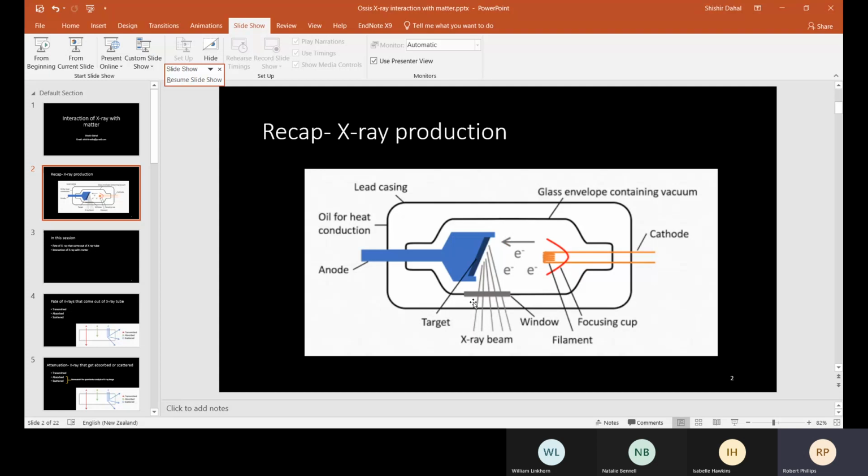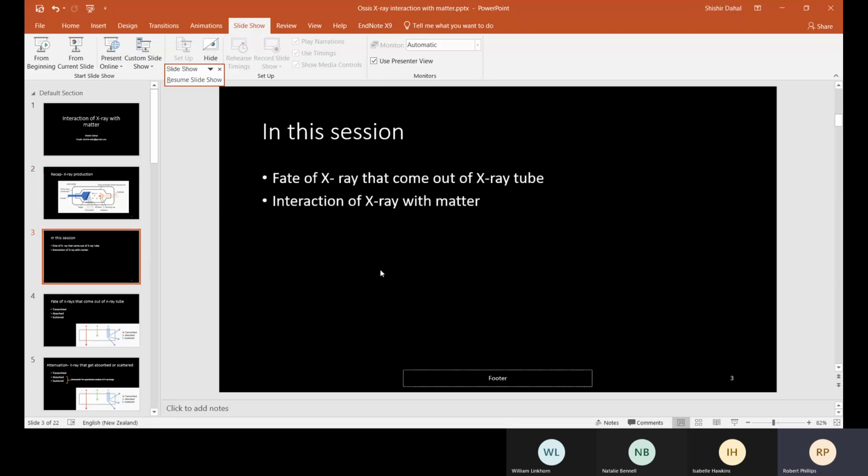That is what we learned in last session. Today, we'll find out what happens to those X-rays that come out of the window of the X-ray tube. And we'll also learn the interaction of X-ray with the matter in the molecular level.